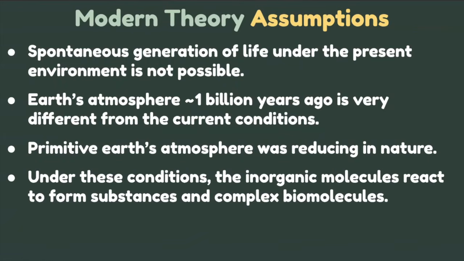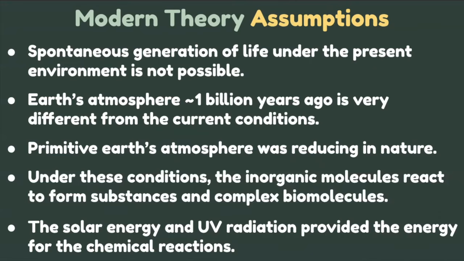Number four, under these conditions, the chemical molecules, in this case inorganic molecules, react with each other through a series of reactions to form organic substances and complex biomolecules. And number five, the solar energy and UV radiation provided the energy for the chemical reactions.